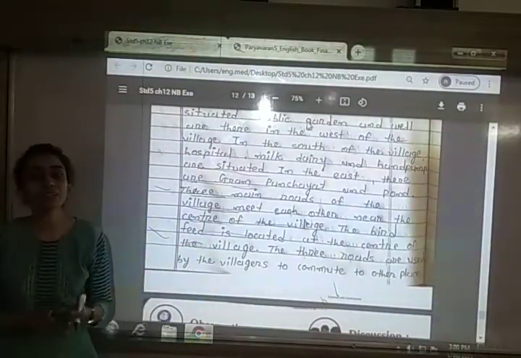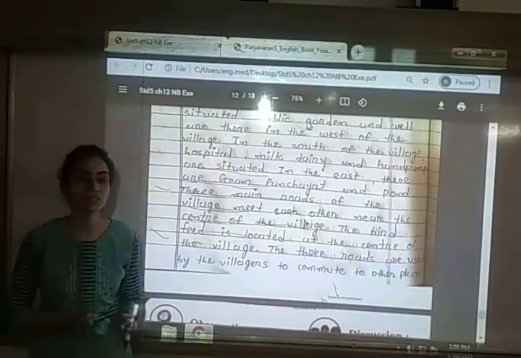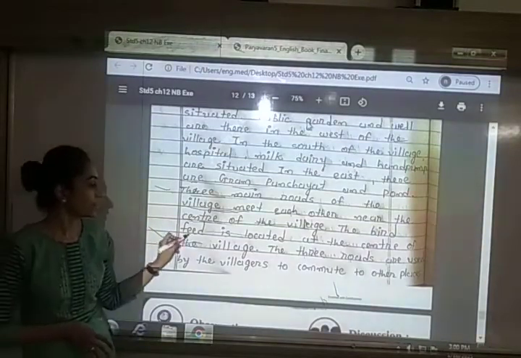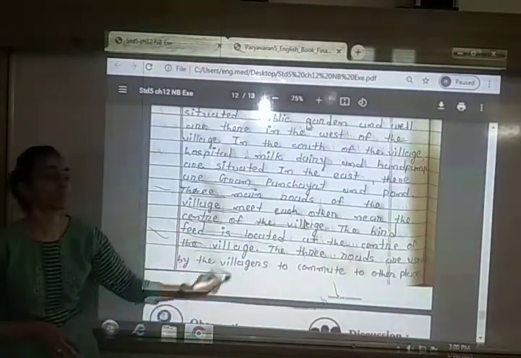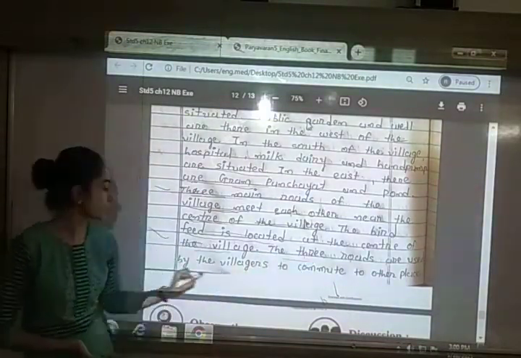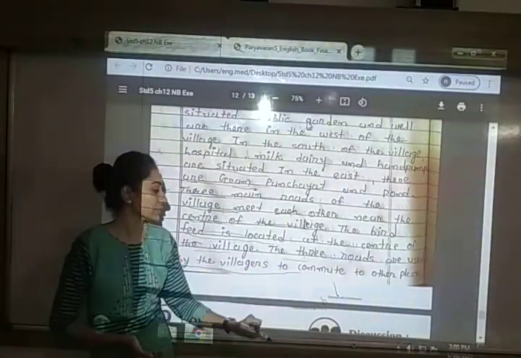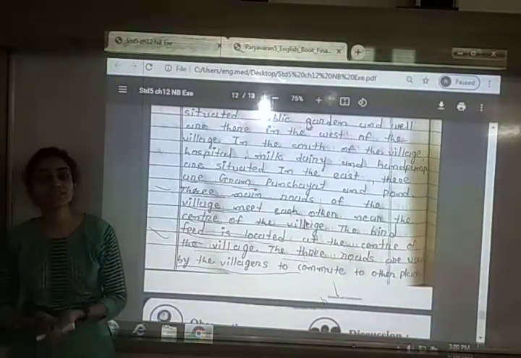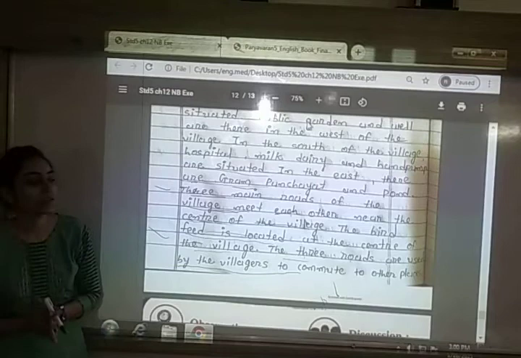The roads are divided into 3 directions. So 3 roads meet at the center of the village, and the bird feeder is located at the center of the village. These 3 roads are used by the villagers to go to other places.